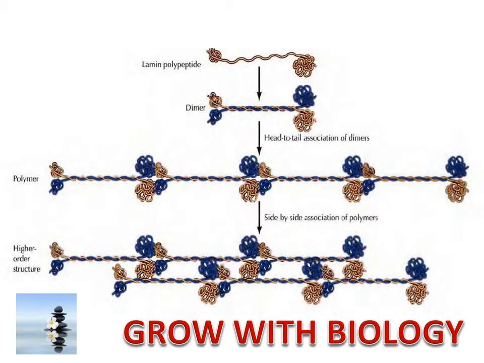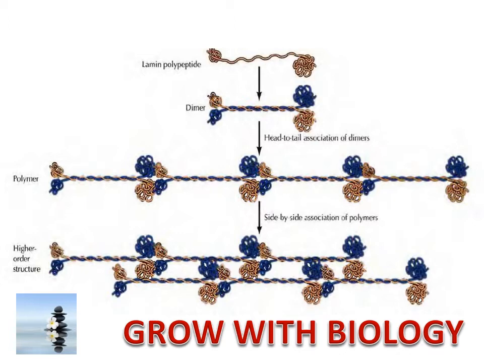Now, when we talk about the nucleus, we know that the nucleus has a nuclear lamina. This is made of the protein known as lamin, which gives structural support. These lamin proteins are 60 to 80 kilodaltons. They are intermediate filaments. First a lamin polypeptide will join to another lamin polypeptide by head to tail association to form a dimer.